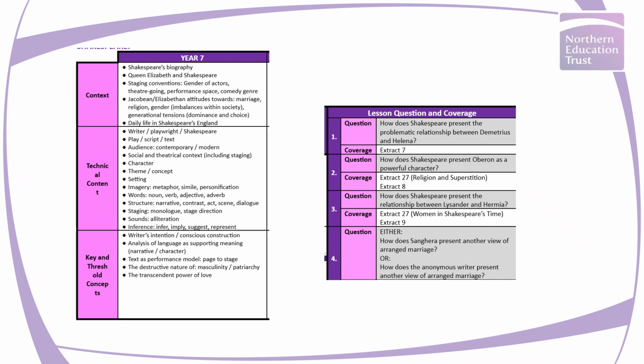In week 2, they've also looked at a non-fiction text that talks about arranged marriage or unarranged marriage, and now they're looking at another perspective. It's a way of demonstrating to the students that there is more than one way we can view this concept, but equally that these concepts Shakespeare's discussing at his time are universal to our own social context now.